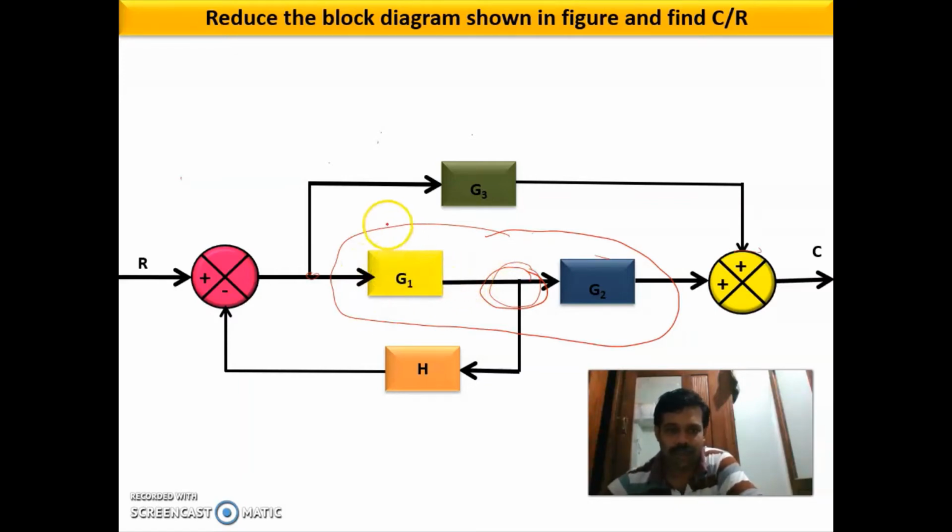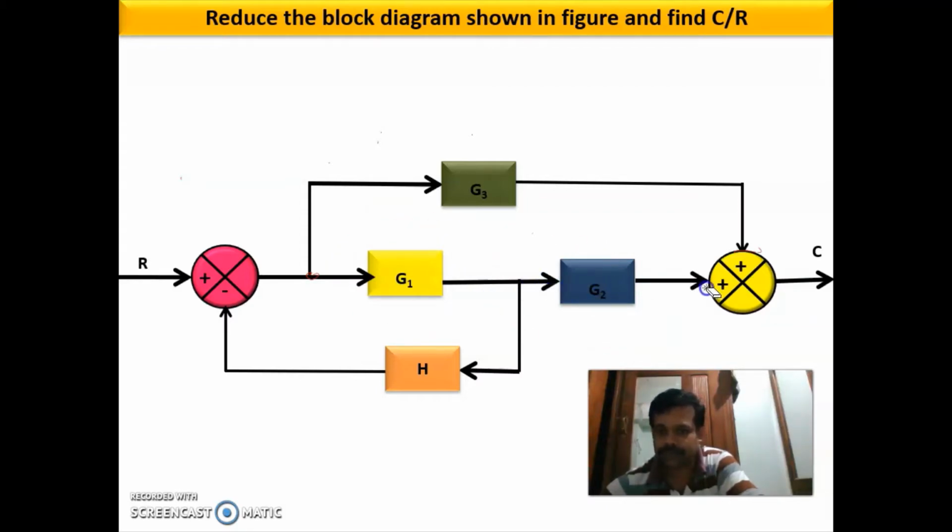So you have to modify this block diagram in order to apply rules. We can check: if we shift this branch point from here to here, you will be getting one feedback.